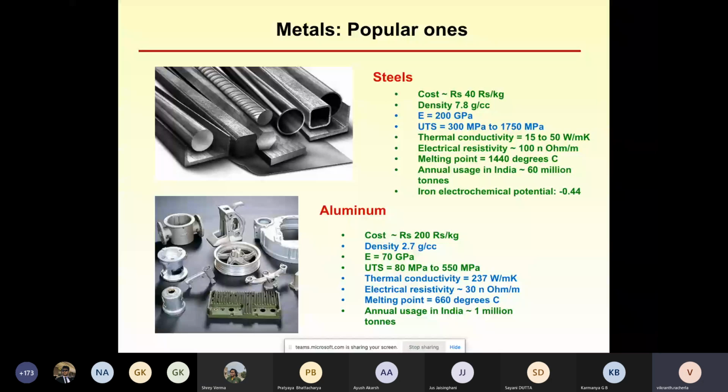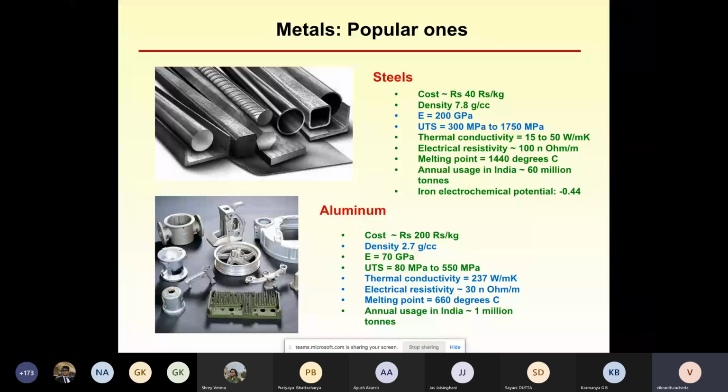Some amount of compliance, you want the load to be spread out. You take a bearing. Now in a bearing, do you want the rolling elements and the raceways to be stiff or compliant? Stiff. So depending on the application, you may want your material to be stiff or you may want it to be compliant.